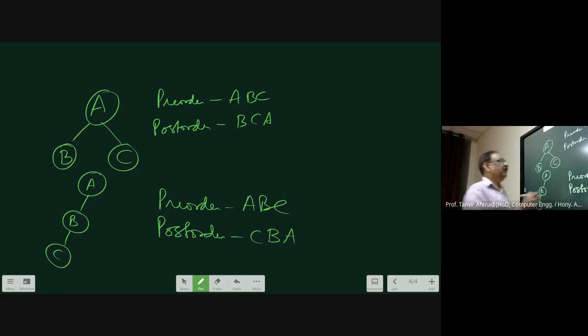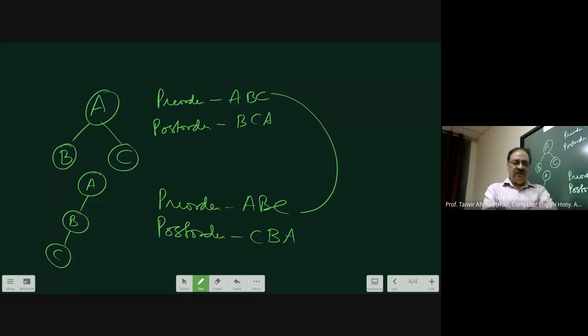Now you see, this is the same. But for the post-order, this will not be the same. Therefore, for CBA and DCA, it's not the same traversal.